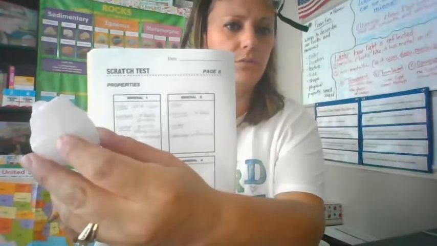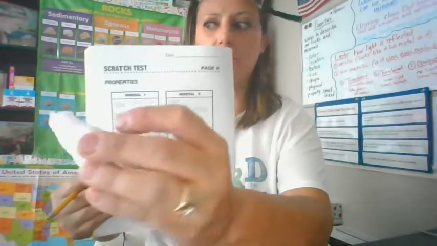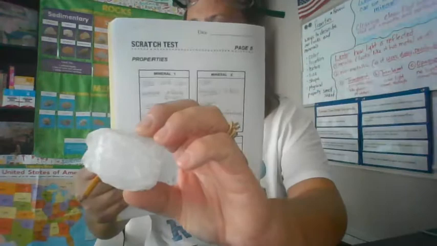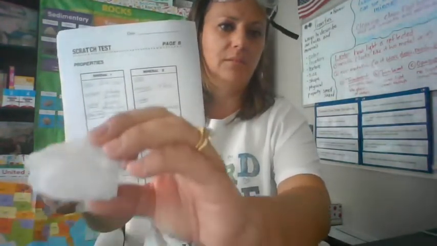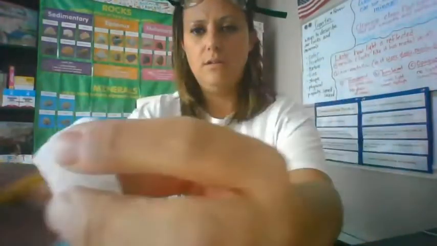Mineral number 2. The color of mineral number 2. I'm going to say the color's white, maybe even a little clear. So I could say white and clear, same as the very first mineral. How does it feel? Okay, well, this sample does not feel like the other one.